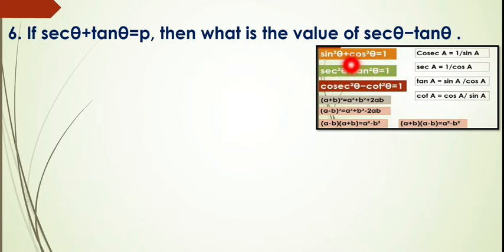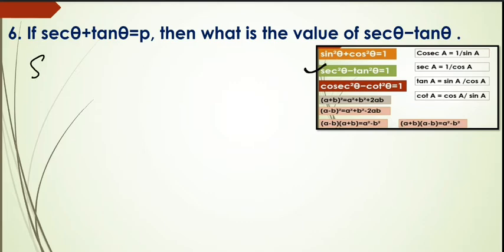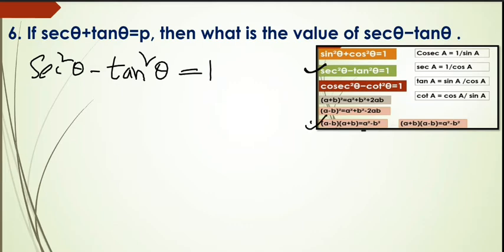First we have to start from this. We know that in sec and tan there is one identity, that is sec² θ − tan² θ is equal to 1. Now this is in the format a² − b². When a² − b² is there, we can write (a + b)(a − b).